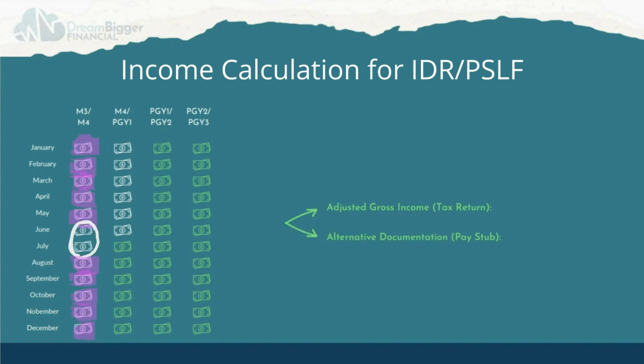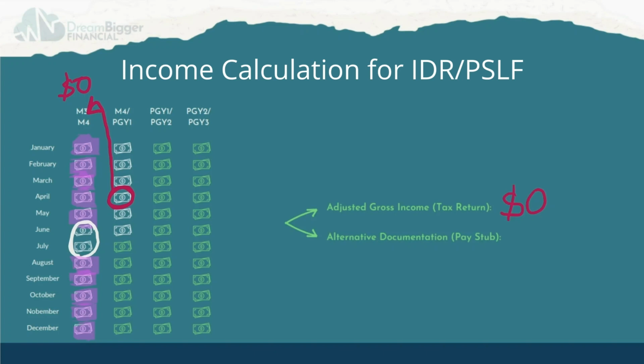But for most of us, we get to show $0 income. So when we file our tax returns the following year for the income that we earned the year prior, we get to show an income of $0. And that $0 is used to calculate your monthly payment. So if we show $0, our first year of student loan payments would be based off of $0 payments.